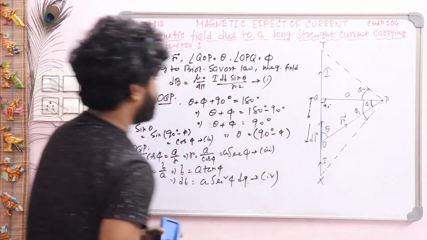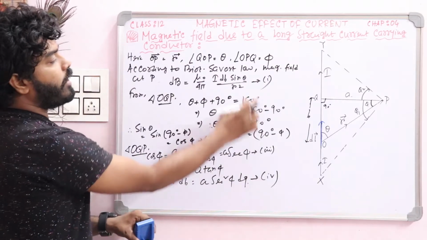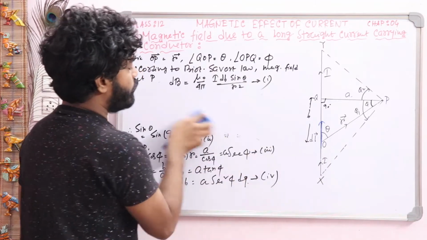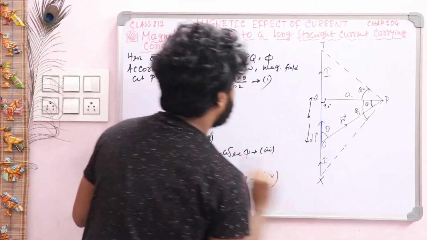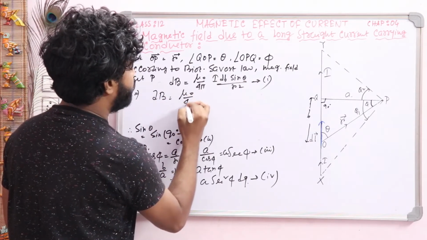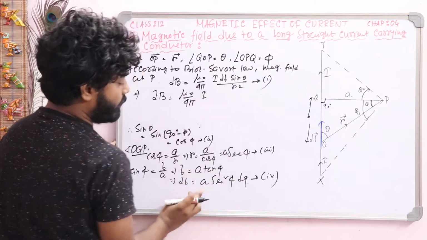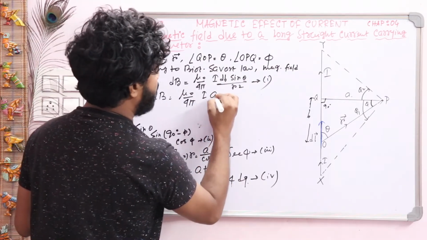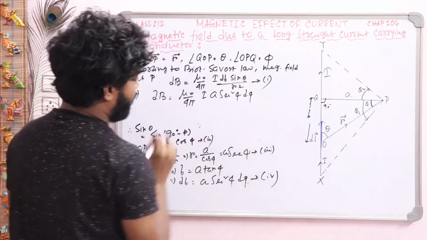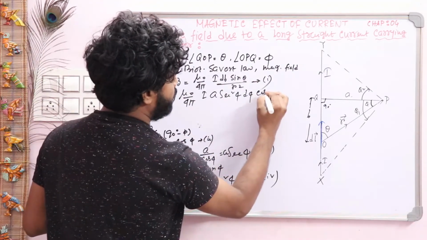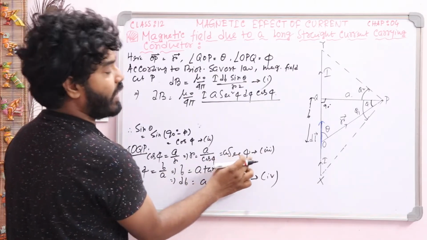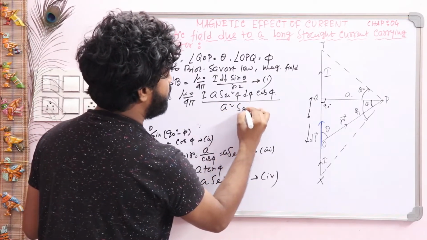Therefore dB is equal to mu naught by 4 pi I del L, that means A sec square phi d phi, that is sine theta, and sine theta means cos phi, so this one is cos phi divided by R square. You see R is equal to A sec phi, so R square means A square sec square phi.